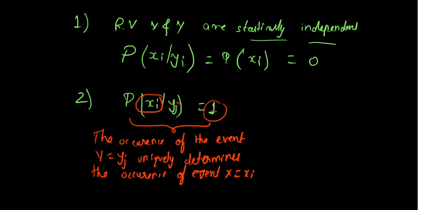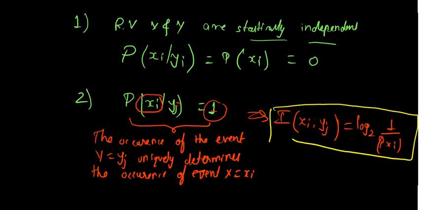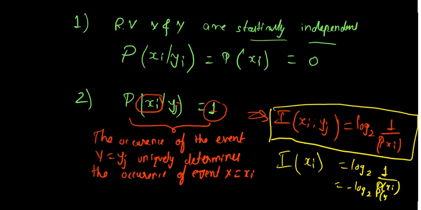And if this is 1, then our mutual information formula will be simply equal to log of 1 upon p of xi. Now you can notice that this is no longer dependent on yj, so we can simply write it as the information of xi, which will be equal to log to the base 2 of 1 upon p of xi, which is equal to minus log to the base 2 p of xi.